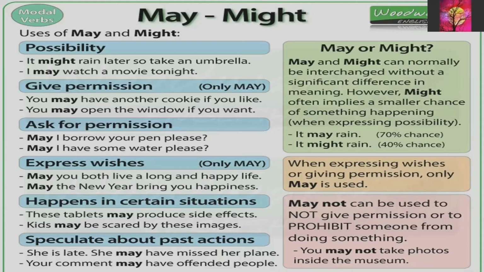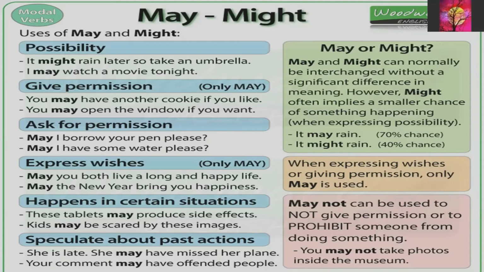Now, where should we use may and where to use might? Both may and might can usually be interchanged and it does not really make much of a difference in meaning. However, when we use might, it often means that there is a smaller chance of it happening, especially when you're talking about a possibility. When I say it may rain, there is a 70% chance that it will surely rain.